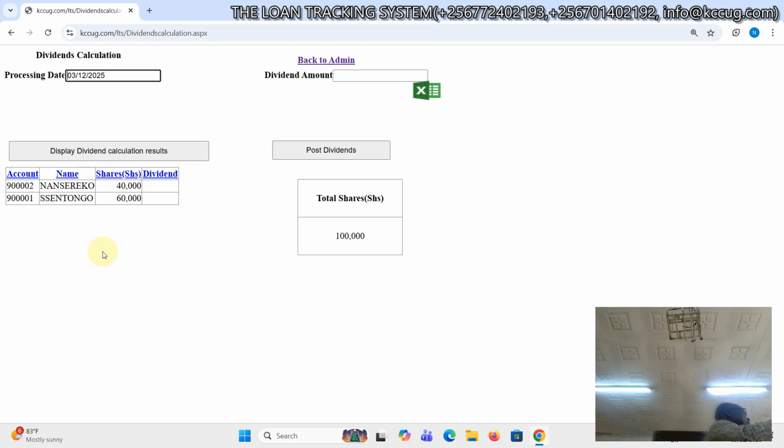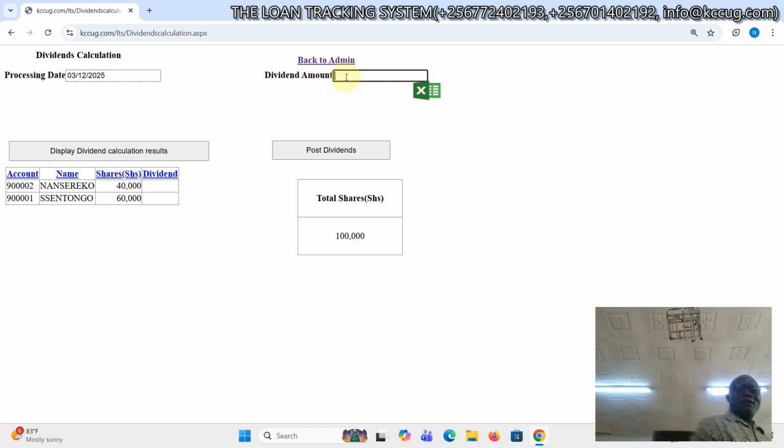So the more shares you buy, the more money you are going to receive from the profit that has been made at the end of the year. The computer is telling you that total shares now is 100. Dividend is the amount of money that the board has agreed to share after looking at your expenditure account.